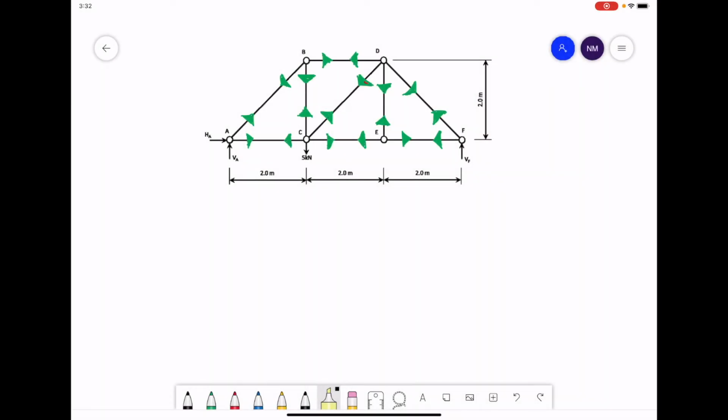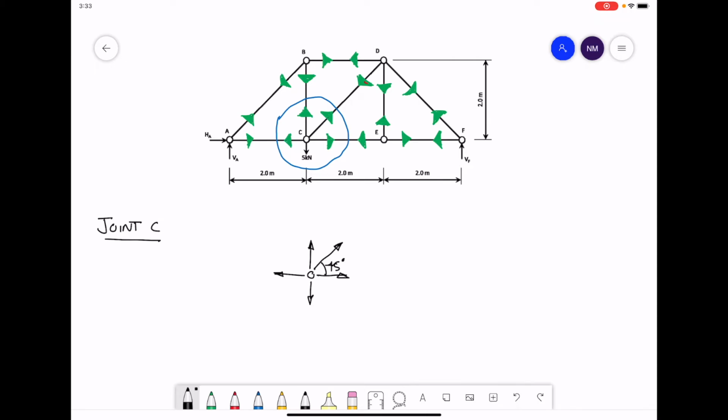The next joint we're going to do is joint C, and isolating the forces at joint C will get us the free body diagram, which is force going upwards, force going downwards, one to the right, one to the left, and a diagonal force using the angle relative to the horizontal, 45 degrees.